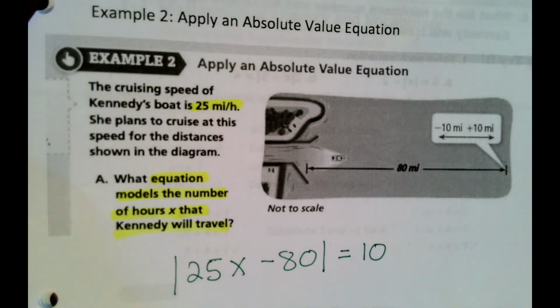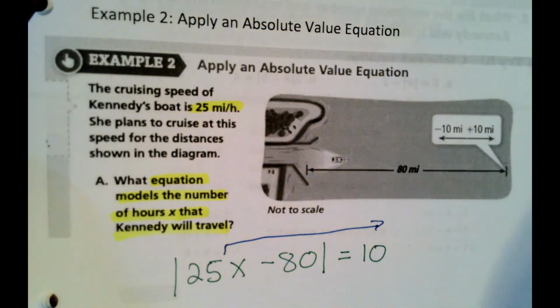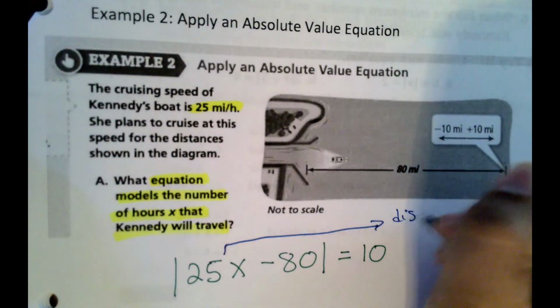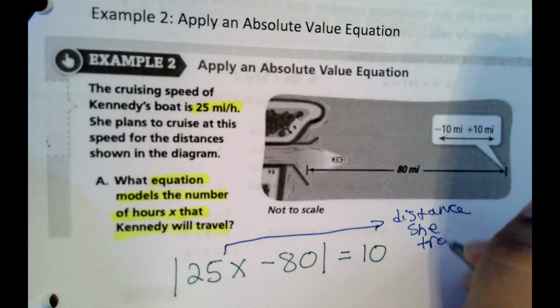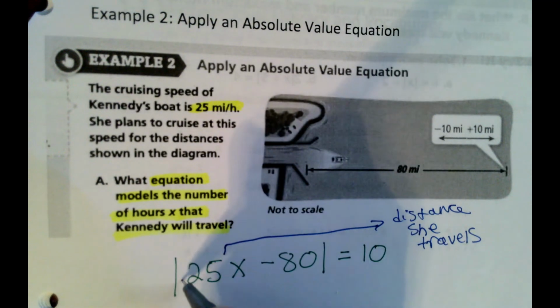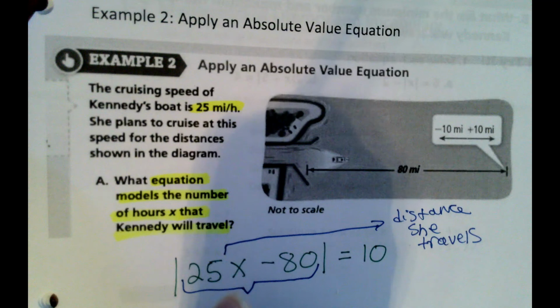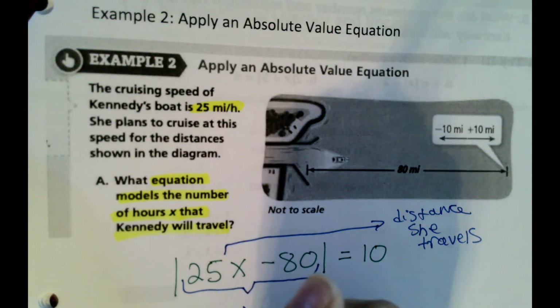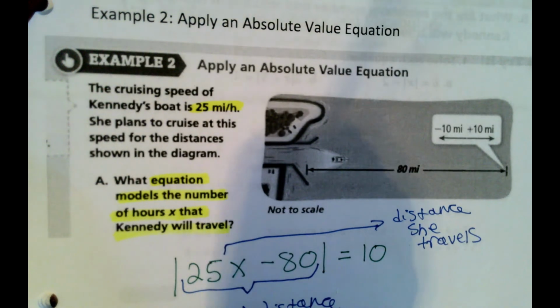So, the 25x here is the distance she travels. This entire thing within our absolute value is her final distance from the 80 mile marker.